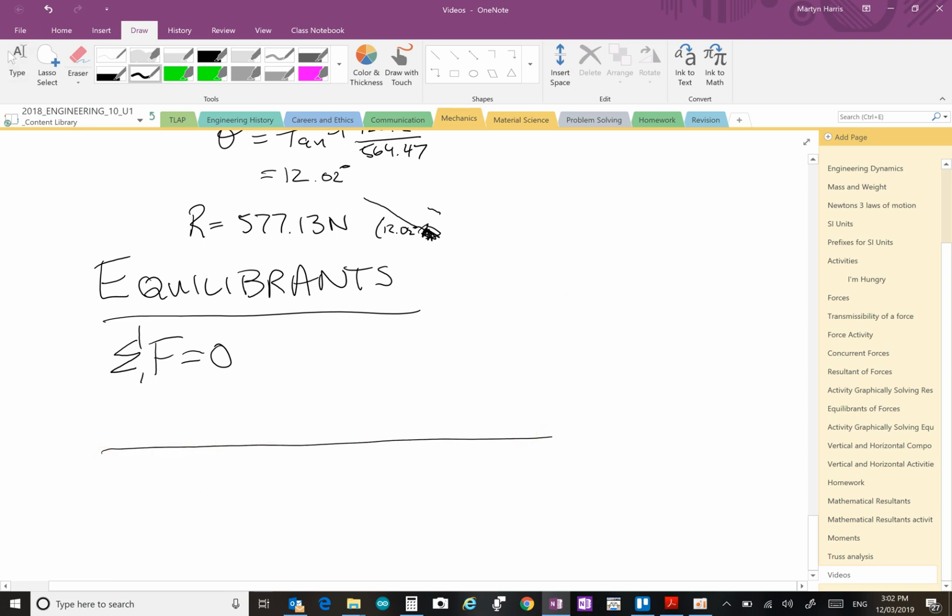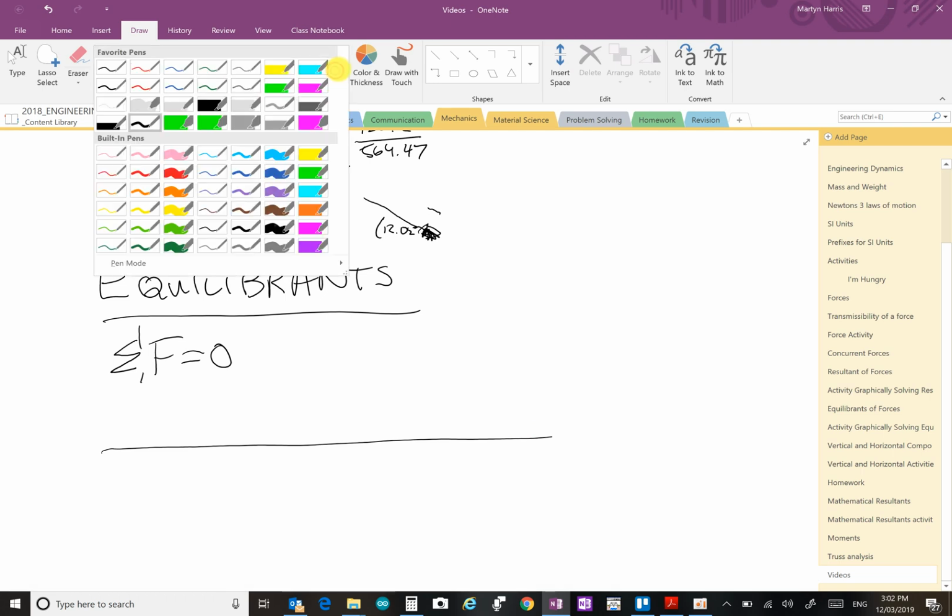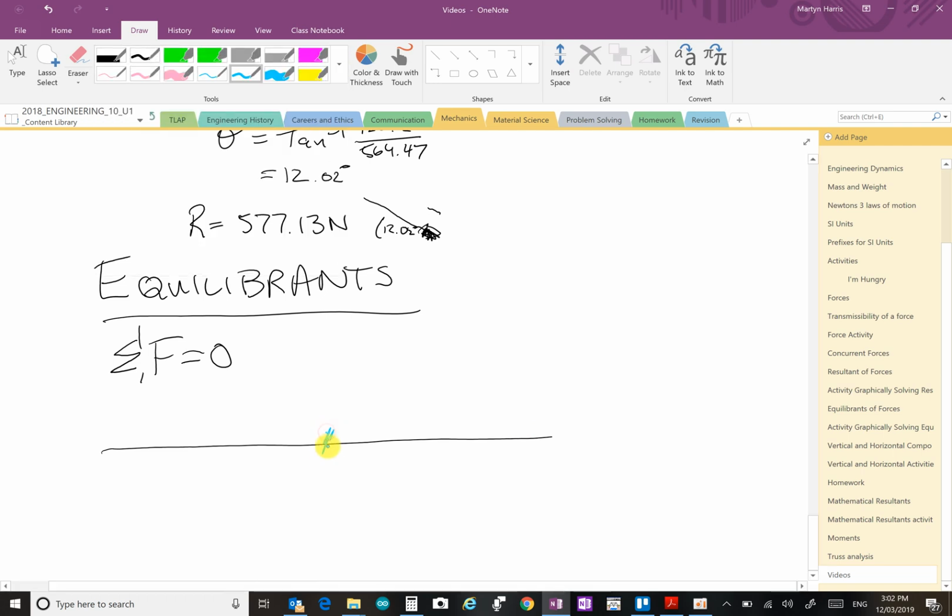An example of that would be, once again, if we had a look at our people here, tug-of-warring against one another, like so. And we're going to have some blue people over here, and we've got these guys working in this direction, and they've got 1,000 newtons worth of force pulling, and these guys in this direction have got 1,000 newtons pulling in this direction.